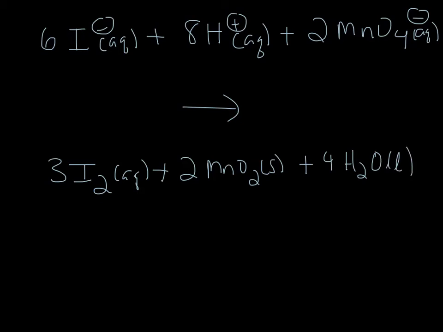So this equation is mass and charge balanced, but what you'll see is that I have H plus in solution. So this is under acidic conditions. And if I want to go to basic conditions, I'm going to add OH minus.